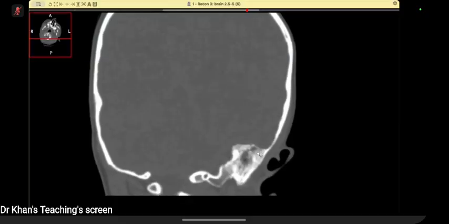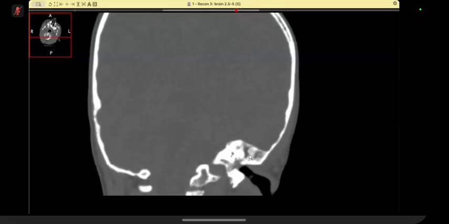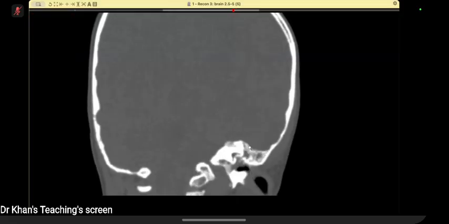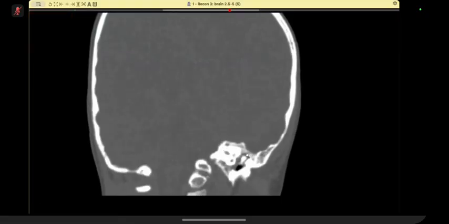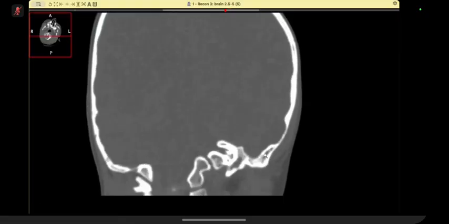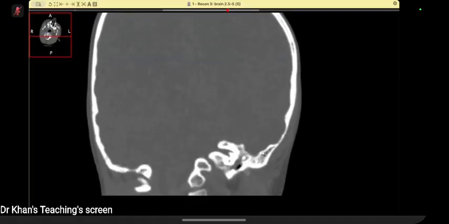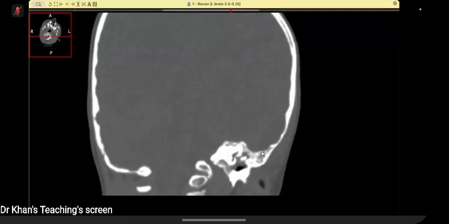So here the bone is thin. We are in the mastoid air cells, and I don't know if it is projecting for you very well, but I think one can be convinced that there are subtle dehiscences, particularly here where I'm pointing out.